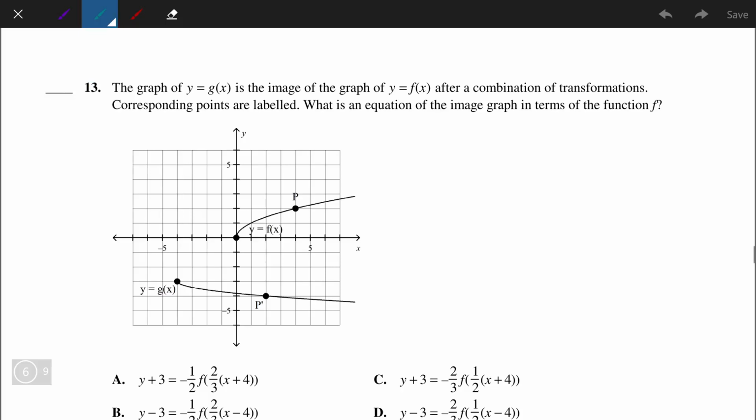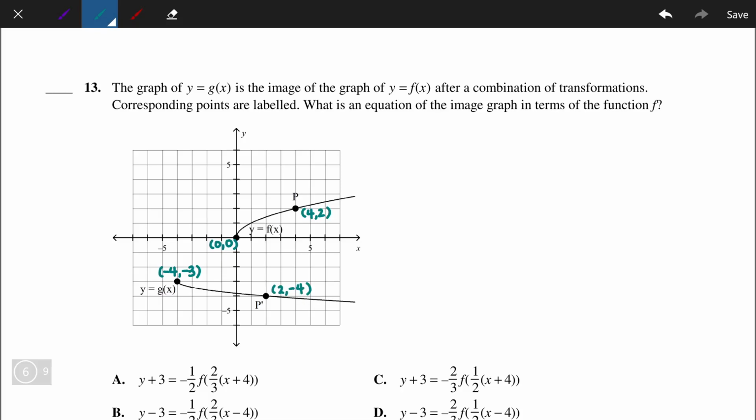The points were (0, 0) and (4, 2) in the original function f of x, and in g of x we have the point (-4, -3) and also the point (2, -4).